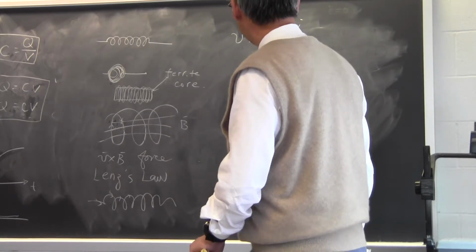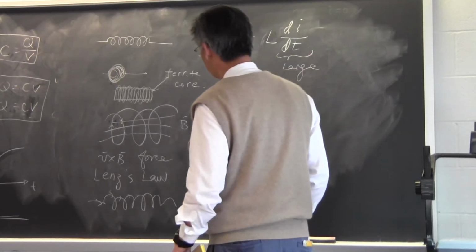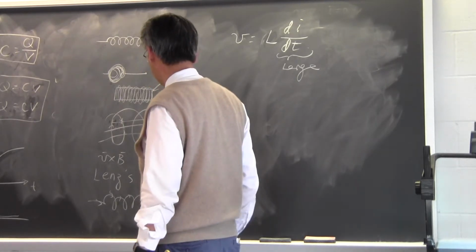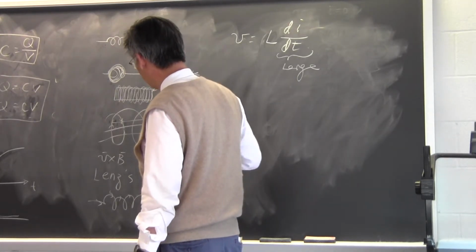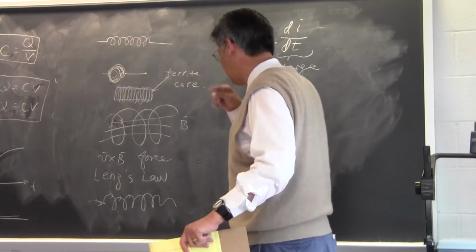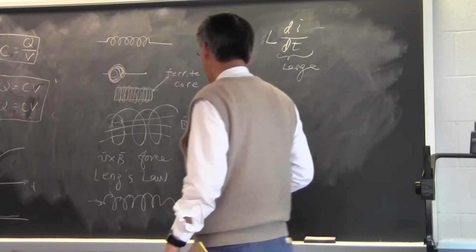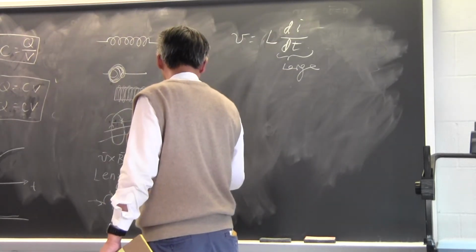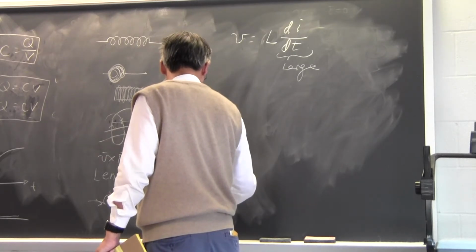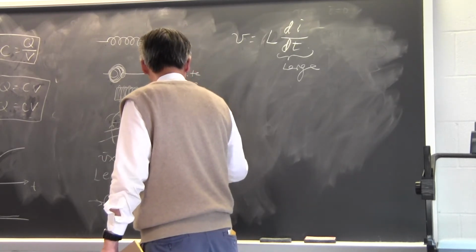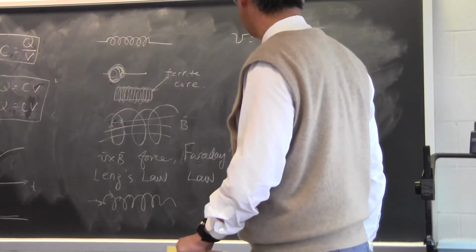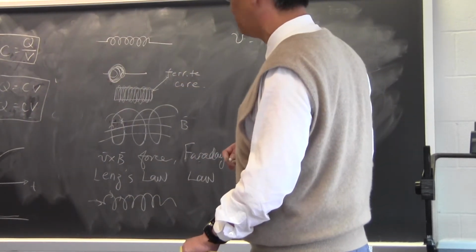Why is that so? Because if dI/dt is large, it produces this B field. This B field will generate a counter force that is proportional to its time rate of change. Actually, it also tries to produce a force by Faraday's law. It produces a counter electromotive force by Faraday's law, and that tries to prevent the flow of current.